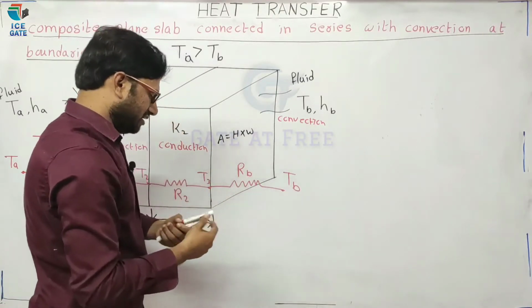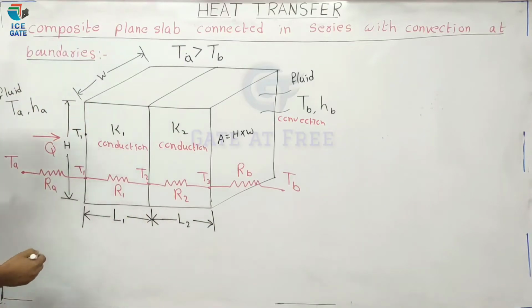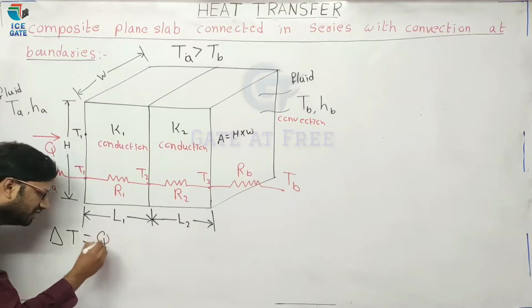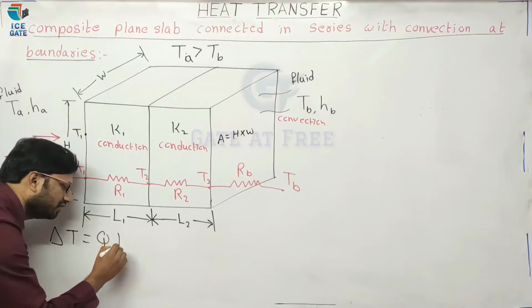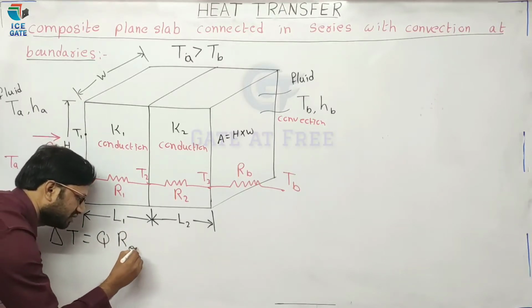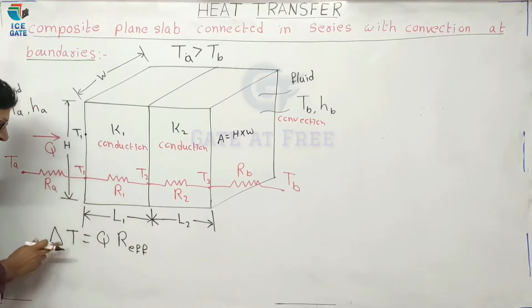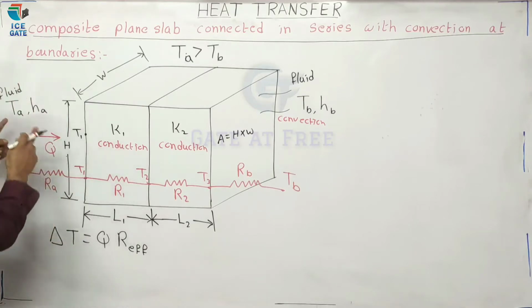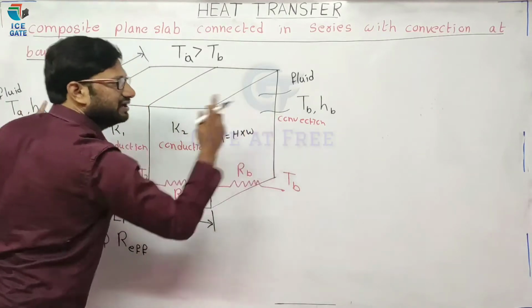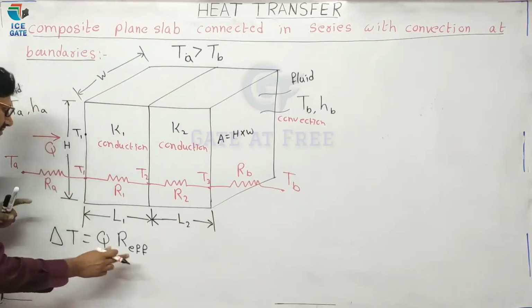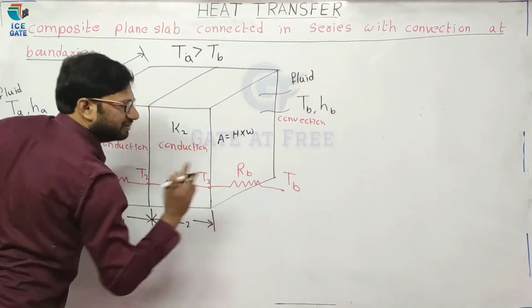Now write down delta T equal to QR. Now listen carefully, this is very important. Delta T equal to QR. Here R is total resistance, or you can say effective resistance. Now which delta T we are going to take? If you take delta T as TA minus TB, you have to take the resistances in between TA to TB.